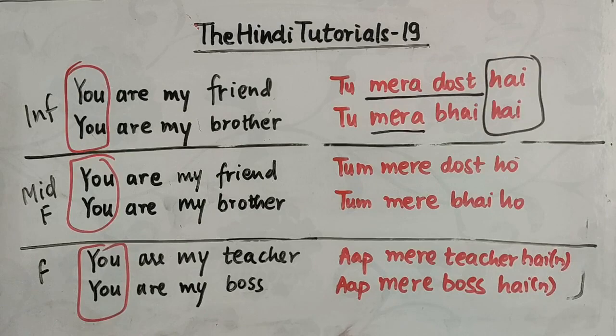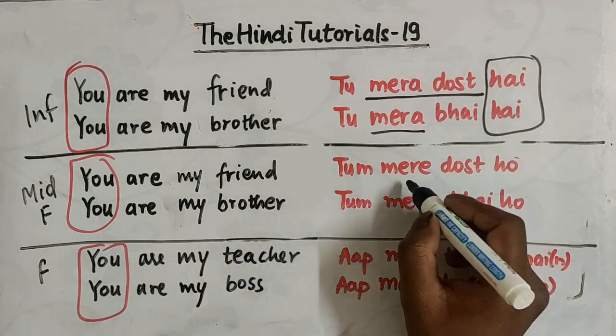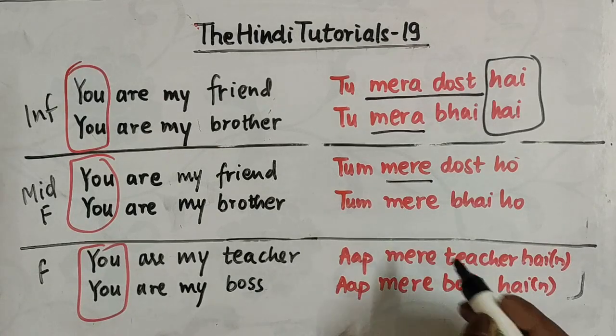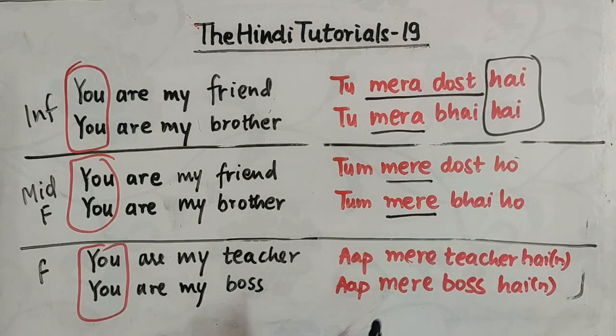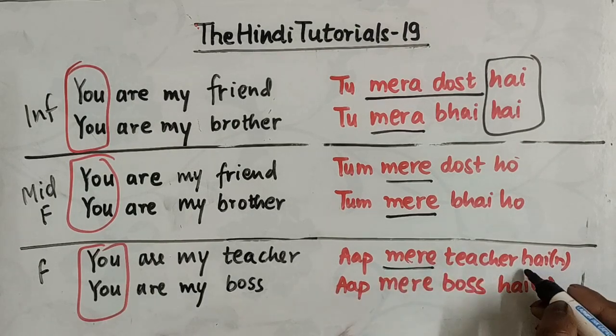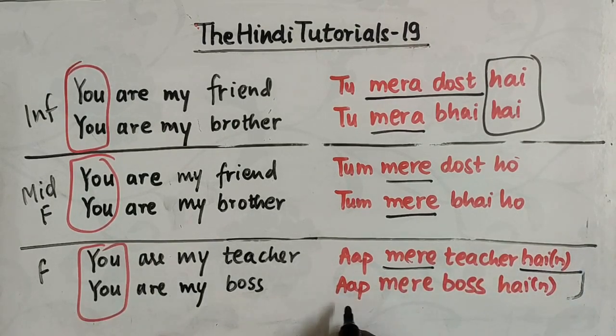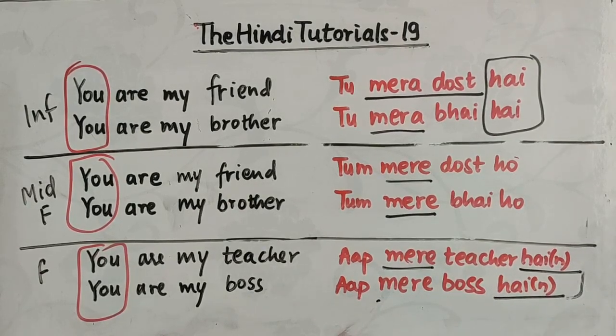Now if we change that to mid-formal, that is तुम, it becomes तुम मेरे दोस्त हो. तुम मेरे भाई हो. You are my brother. Because formal follows the rule of plurals. Now increasing the level of formality or the respect, you are my teacher. आप मेरे टीचर हैं. आप मेरे बॉस हैं. ठीक है?